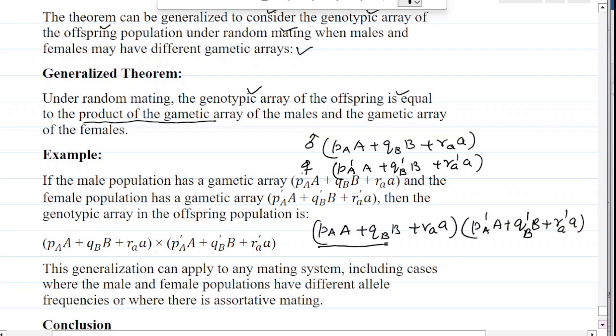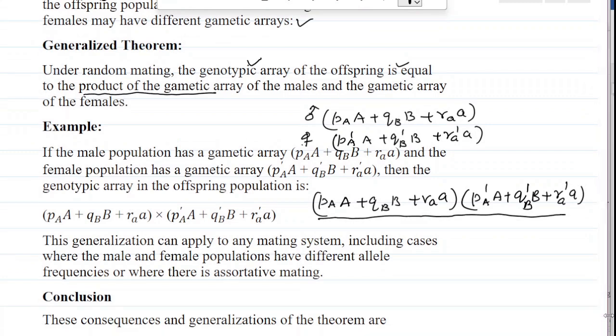So by this product, you can find out the genotypic array of the offspring if the two parents do not have the same gametic array in the initial population.